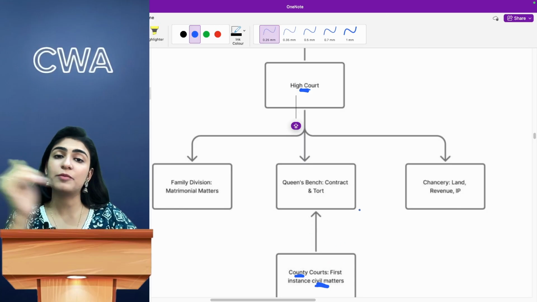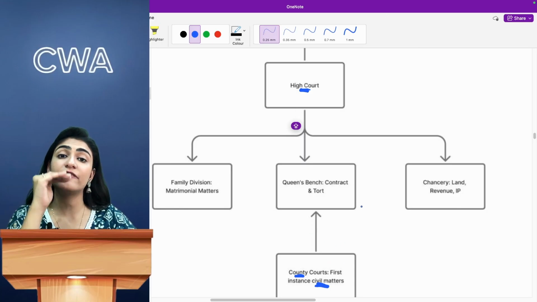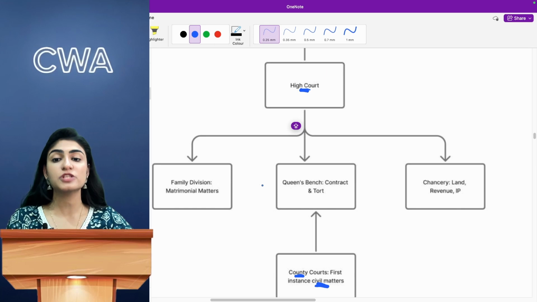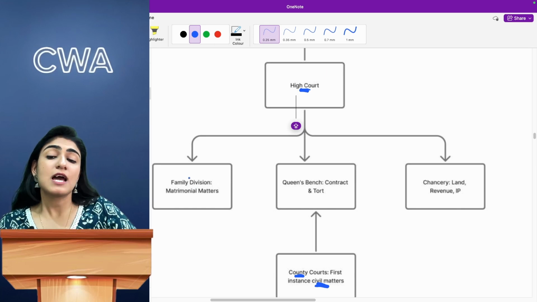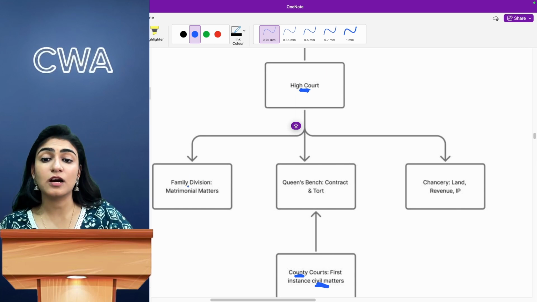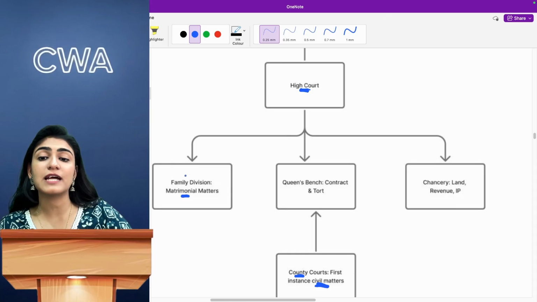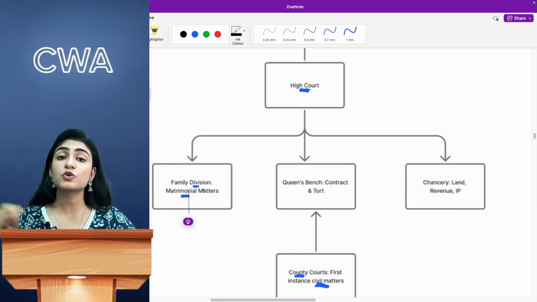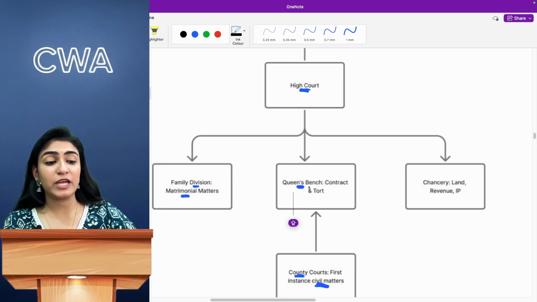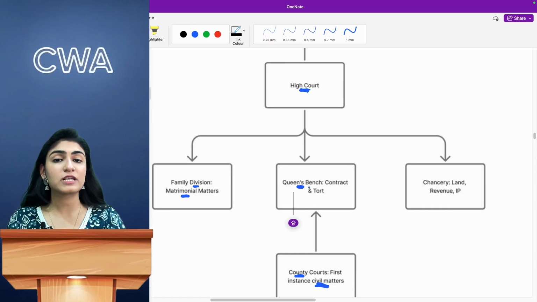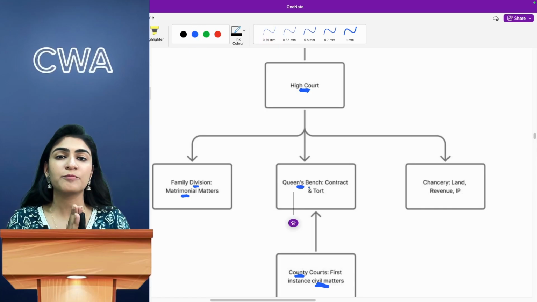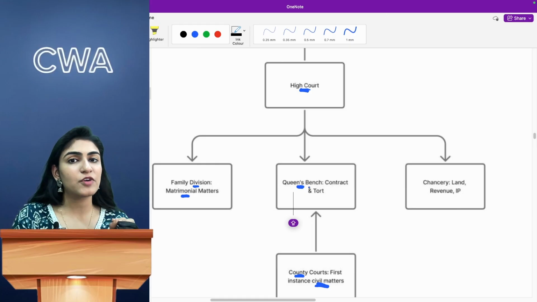However, there are three branches in High Court as well when we are talking about the civil division. The first is the Family Division, which discusses only family matters, that is, matrimonial matters. The second is Queen's Bench, which discusses contract and torts. Tort means doing a civil wrong.